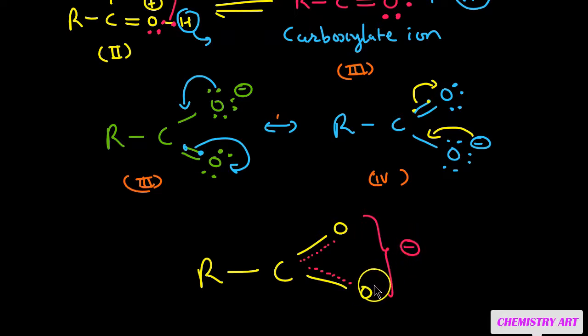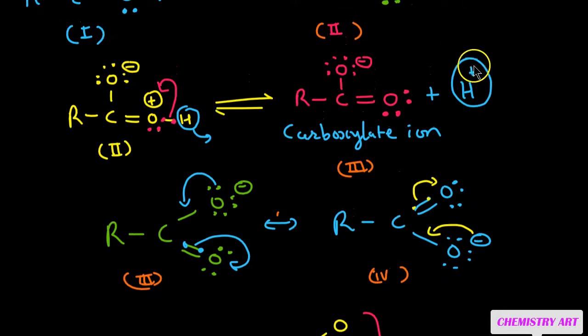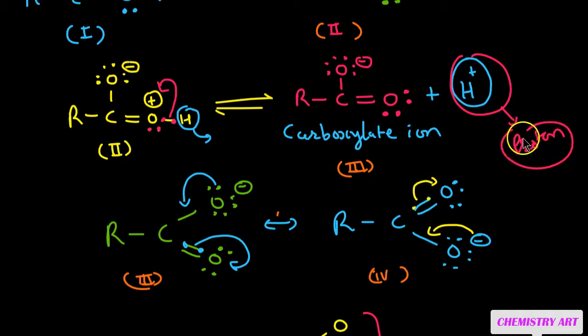So this is the reason why the carboxylic acid acts as an acid, due to the release of this H+ ion, this proton. H+ ion is also known as a proton, and that's why it is acting as an acid.